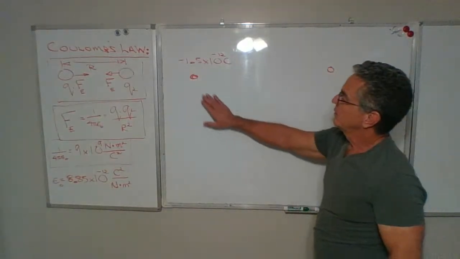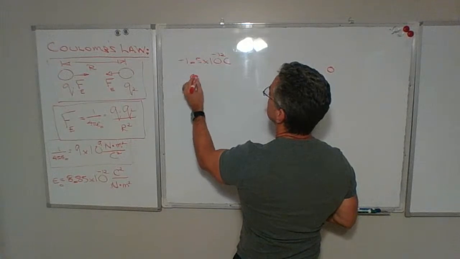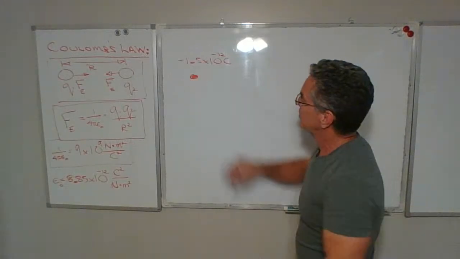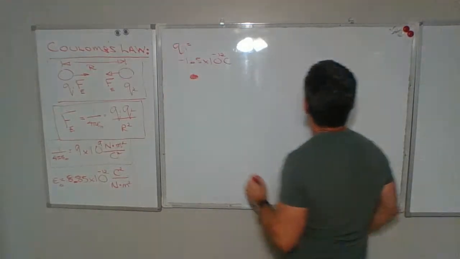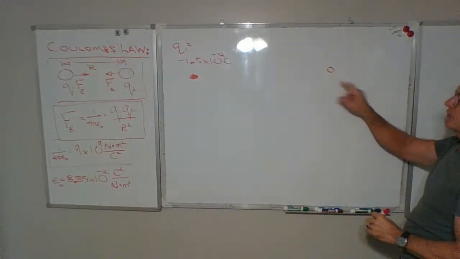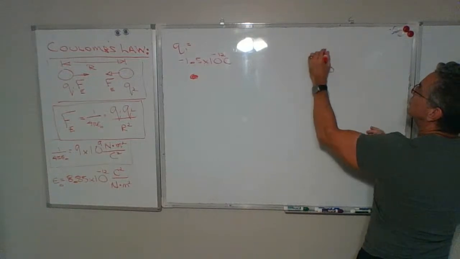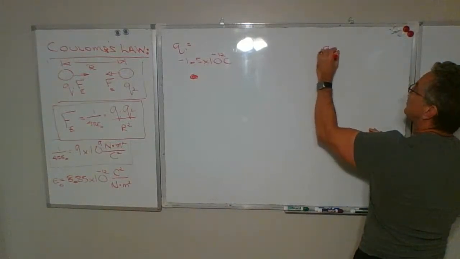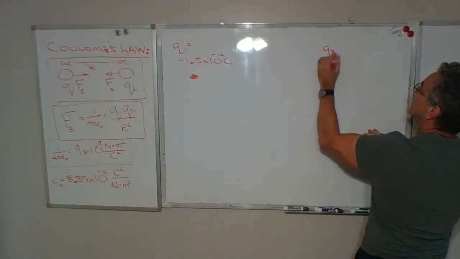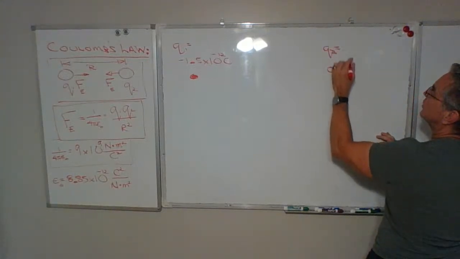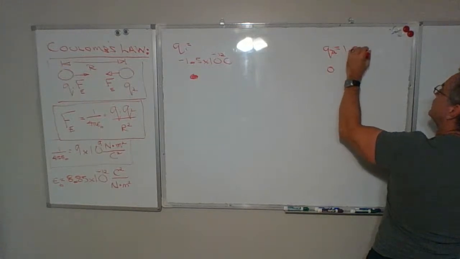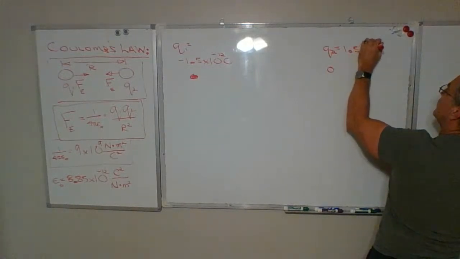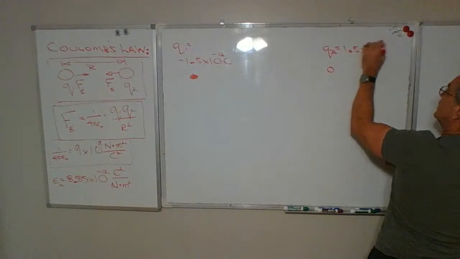So this is filled in, and this is a negative charge, and we'll call this Q1. And then over here, this is Q2. I'll leave this open. Q2 will be equal to, let's say, 1.5 times 10 to the negative 12 coulombs again.